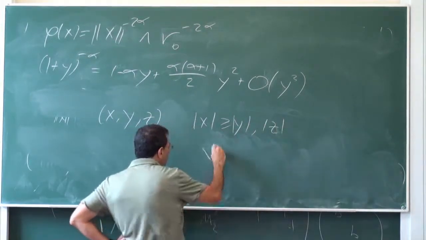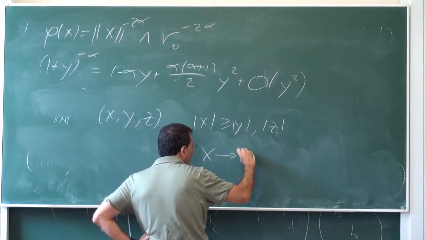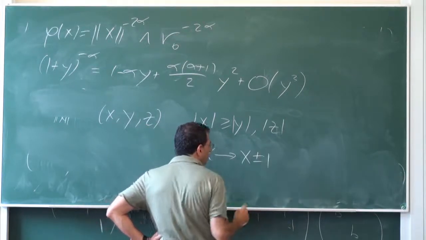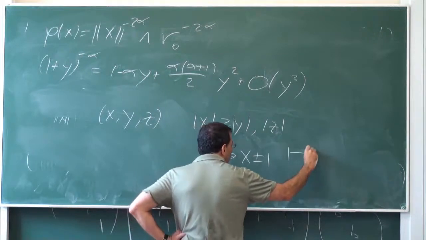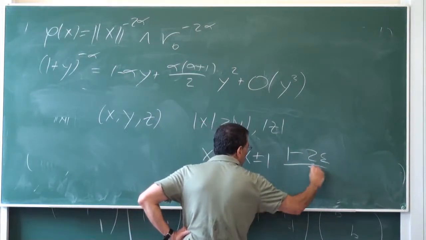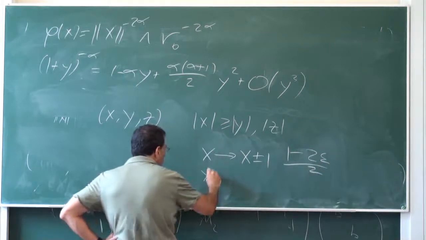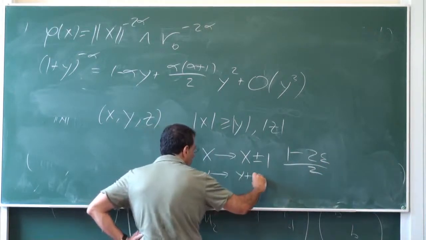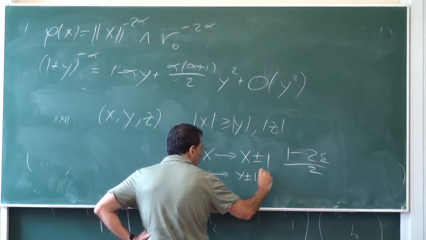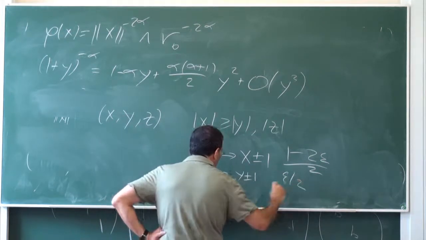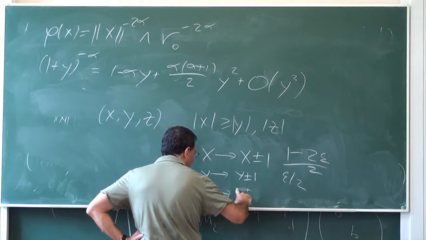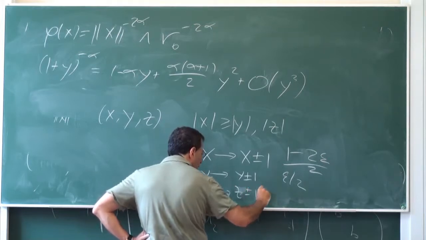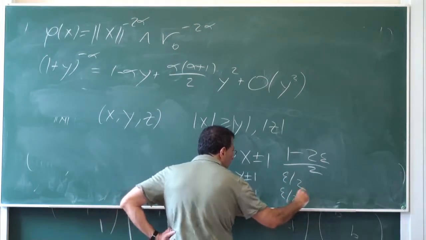Then what we're going to do is x will go to x plus or minus 1, each of them with probability (1 minus 2 epsilon) over 2. And then y will go to y plus or minus 1 with probability epsilon over 2 each, and z will go to z plus or minus 1 with probability epsilon over 2 each.